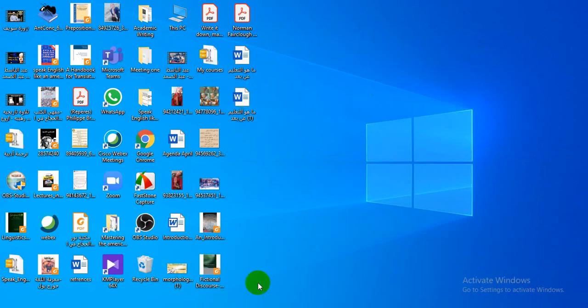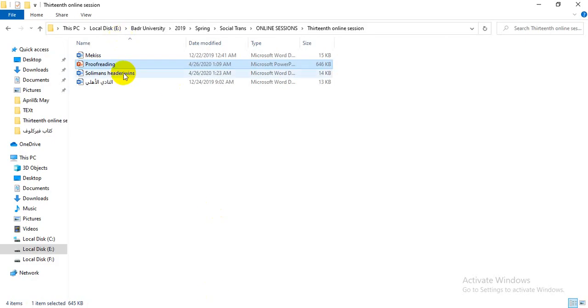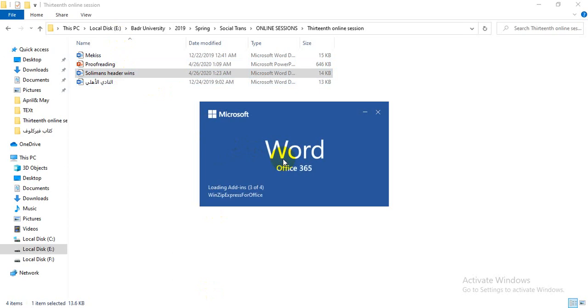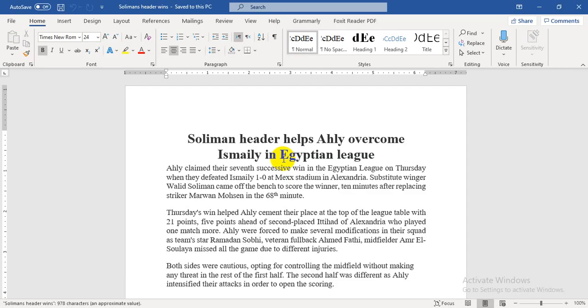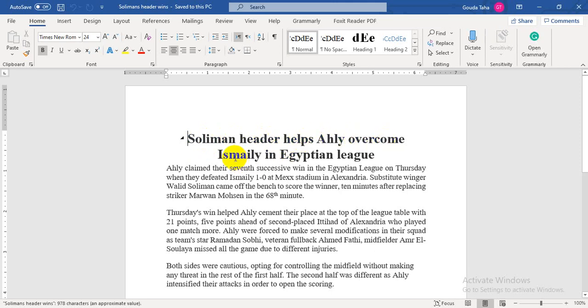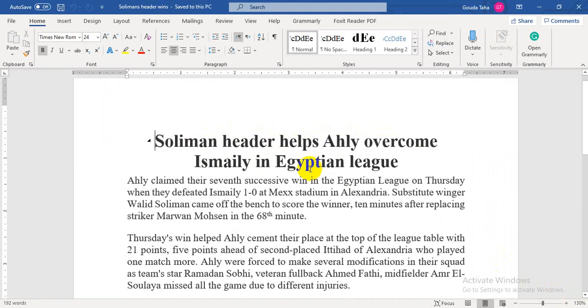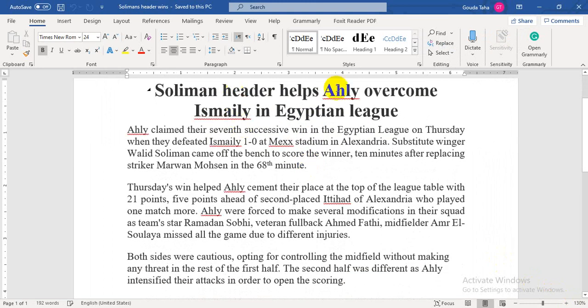So here is the text, which is "Sulaiman header helps Ahli overcome Ismaili in Egyptian league." So we need to find out the problems in here. What do you mean by Egyptian league? What is a good translation of this word?